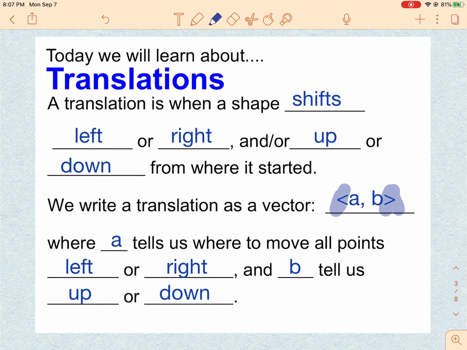A vector is a way to show movement. The A tells us the points moved left or right, and then the B tells us up or down. So it is similar to the normal coordinate where the X value is left and right, the Y value is up and down. So it's almost the same like that.